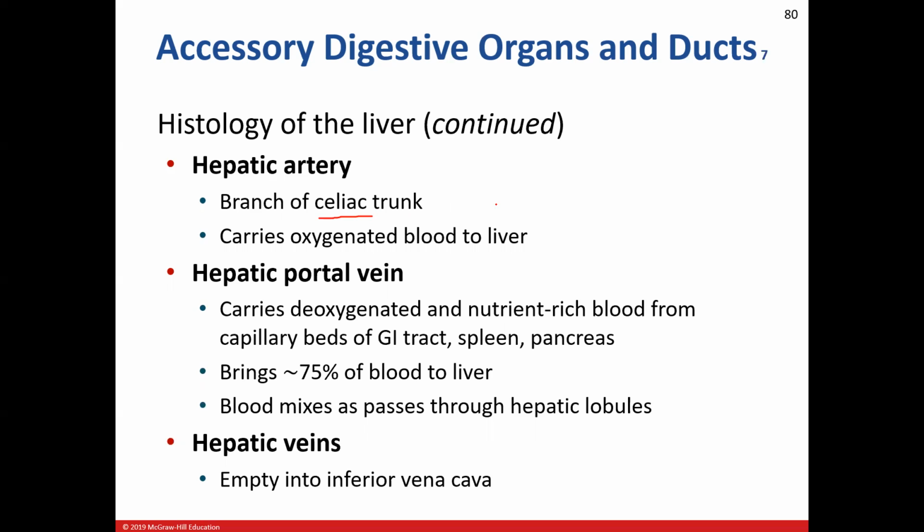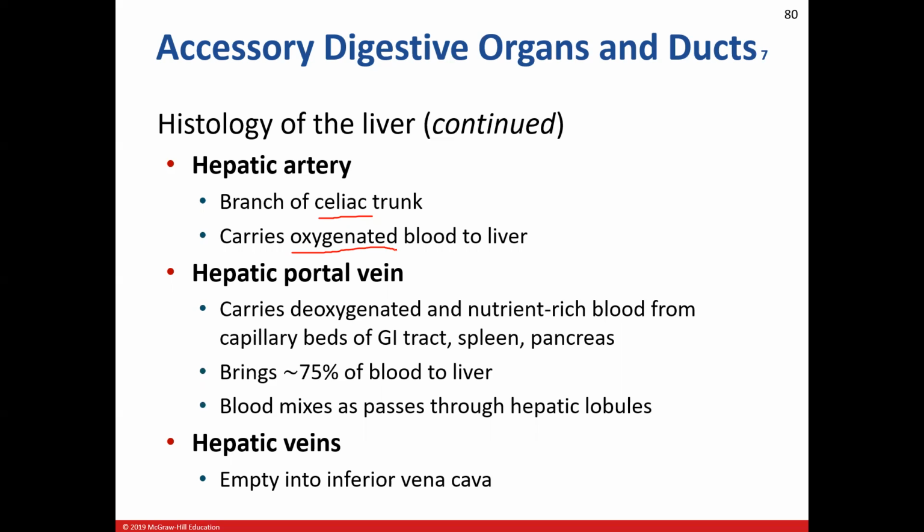As soon as the abdominal aorta emerges from the diaphragm, it gives off the celiac trunk, which has 3 branches. So the hepatic artery carries oxygenated blood, which goes to the liver and provides oxygenated blood to all the tissues of the liver.